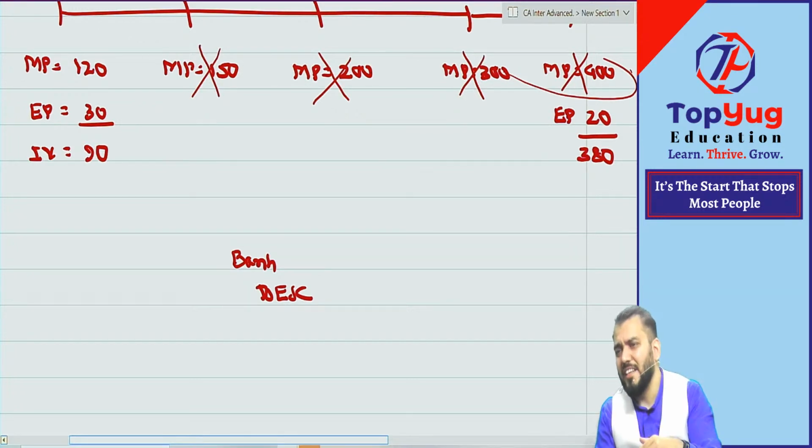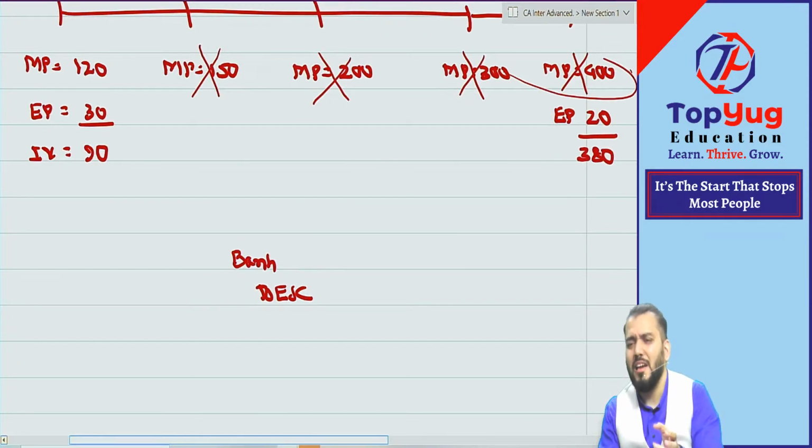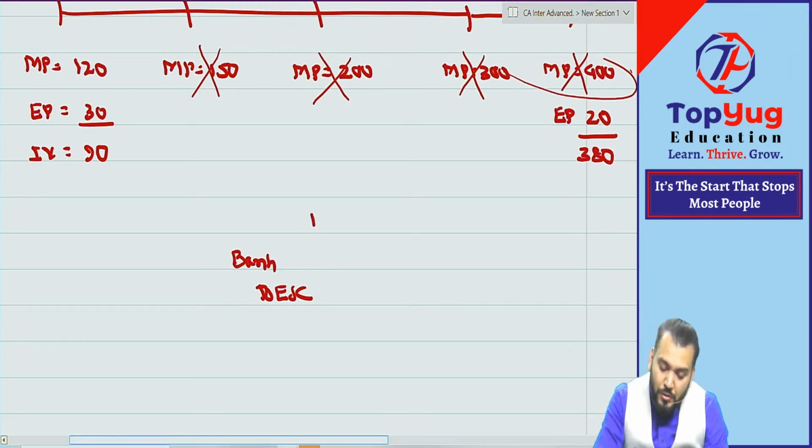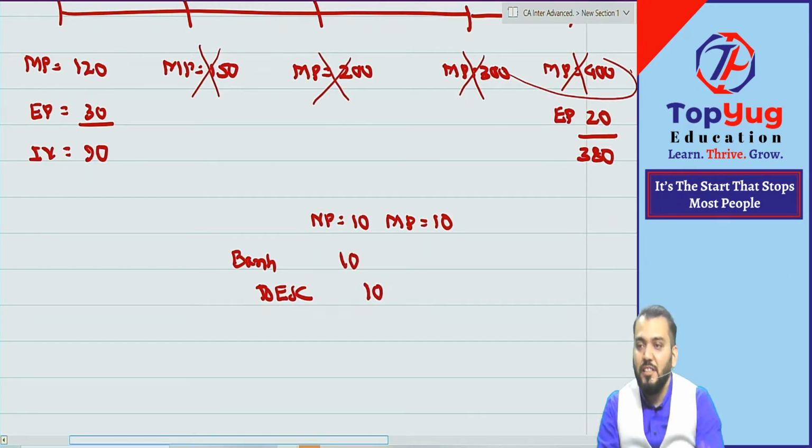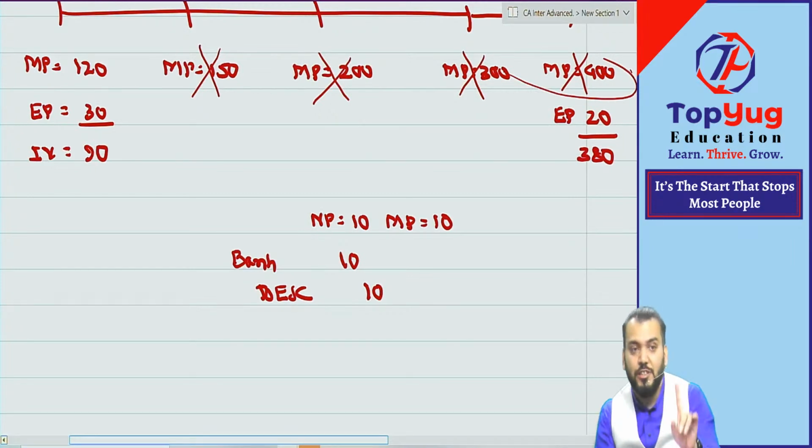Normally, equity share capital will be issued at the current market price. Suppose the nominal value is 10, and let us assume for simplicity the market price is also 10. So this becomes 10, equity share capital.